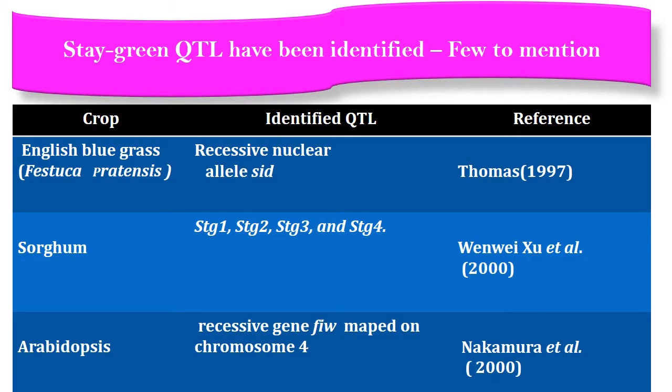These are some of the stay-green QTLs identified for stay-green traits. First one is in English blue grass, that is Festuca pratensis. In this, the identified QTL is the recessive nuclear allele SID. Then in sorghum, STG1, STG2, STG3 and STG4. In Arabidopsis, recessive gene FIW mapped on chromosome 4.